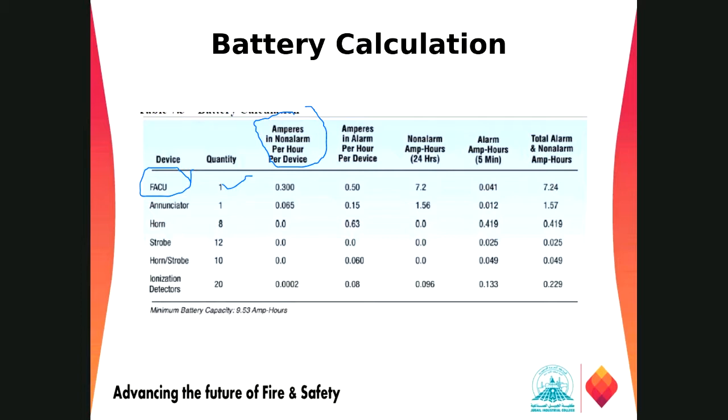Amperage in alarm condition is 0.5 for 5 minutes, then non-alarm amperage, and so on. You have to calculate something like that at the end. And similarly for the annunciator panels, the horn, the strobe, the ionization detectors, all those things we have to calculate. Based on that we have to calculate the battery.